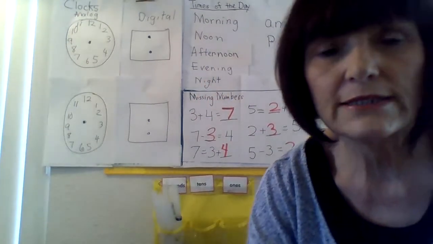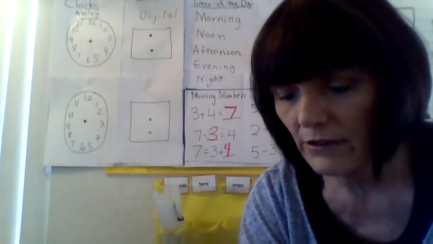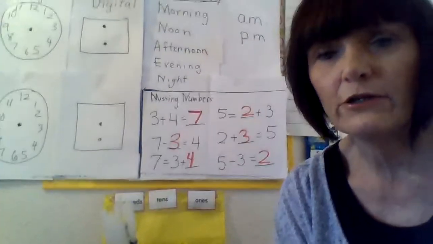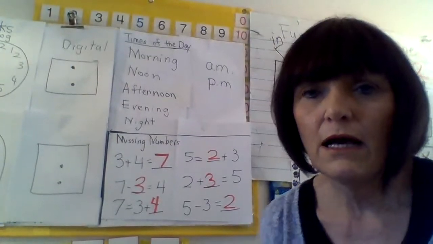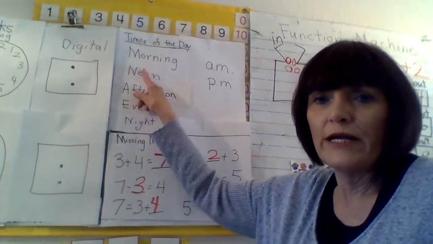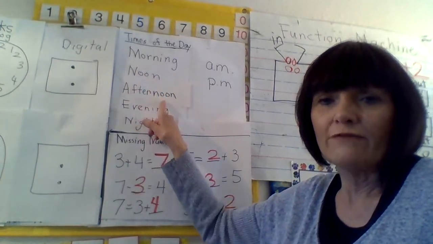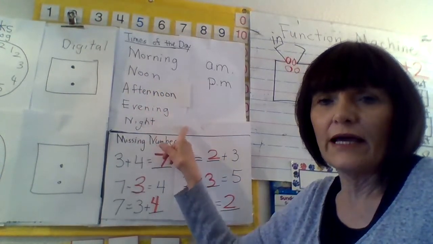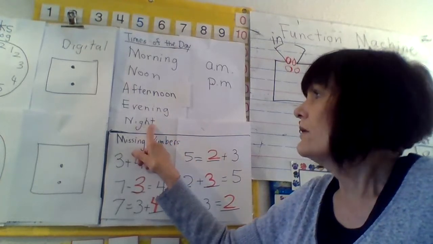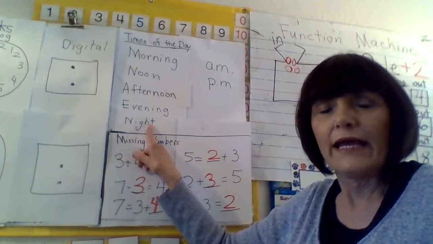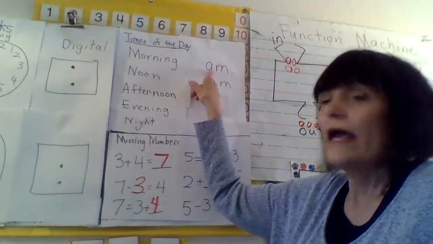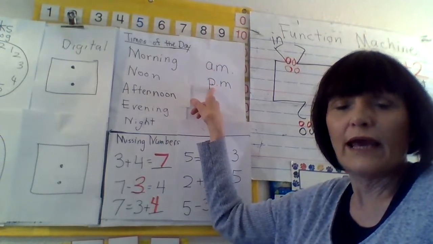Now I'm going to scoot this up so you can see it a little better. I should have written that bigger, but I didn't. All right, times of the day. Morning, noon, afternoon, evening, and night. Now, sometimes in the day are called AM, and sometimes are called PM.